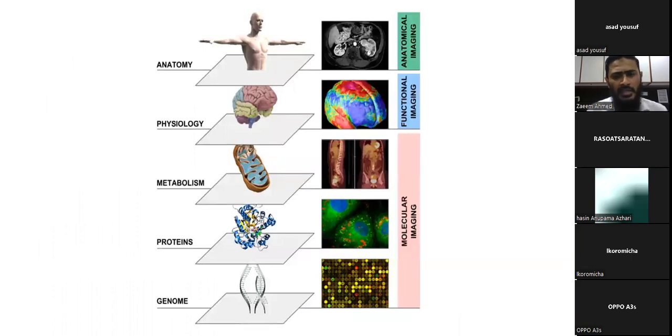It has application in almost all medical imaging, whether functional, anatomical, or molecular. Recently, all of these types of images have radiomics applications, and there are a lot of publications coming out on all of them.